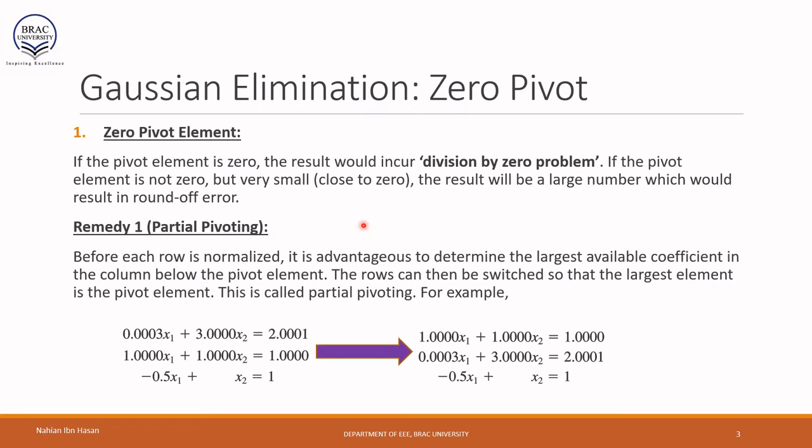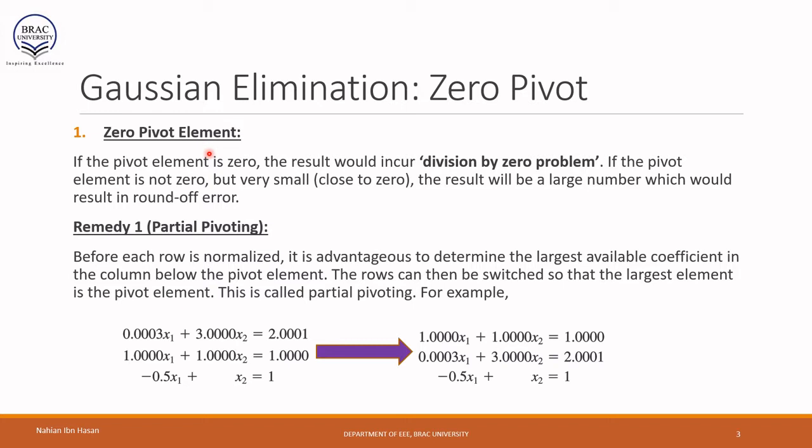So first of all, let's look at how we are going to solve the zero pivot element problem. The zero pivot element problem occurs whenever the pivot coefficient becomes zero or becomes very small. If the pivot coefficient becomes zero, then we will have an infinite value and the Gaussian elimination approach will fail.